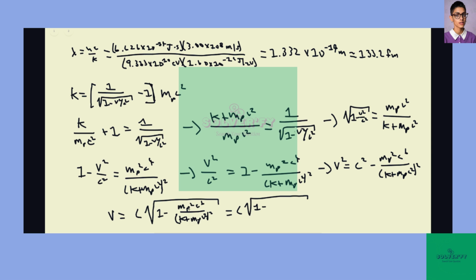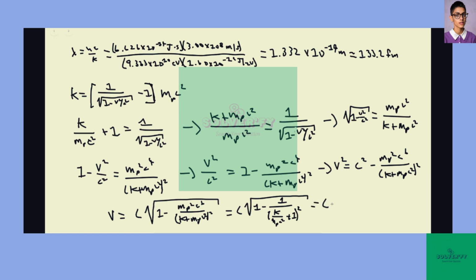That's going to cancel with that guy up top. 1 over k over mpc squared plus 1, squared. Okay, so now we know k, that's this kinetic energy up here. We know the rest mass of the proton. So now we can plug all these numbers in.